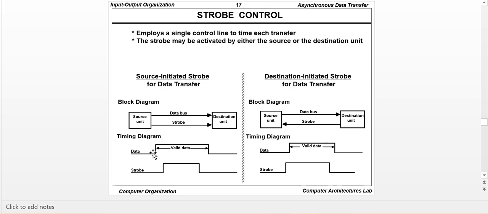The data initially will be in low impedance, which means it will be at zero, and then when valid data is placed, it goes from low to high impedance. The data will first be placed by the source unit, and after some delay the strobe pulse will be activated.